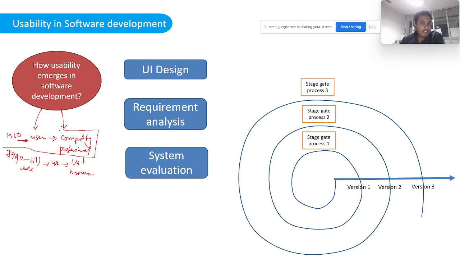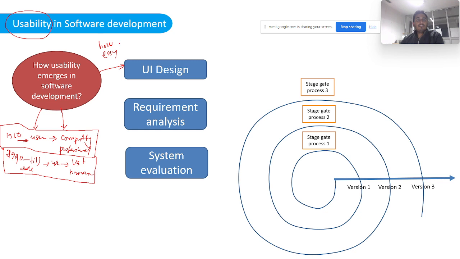So as we move ahead in time, the context of usability analysis also changes. Earlier, back in the 80s, when we talked about usability we were trying to understand the ease of use.